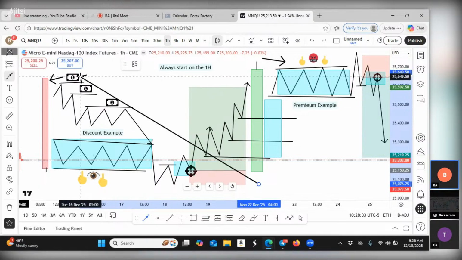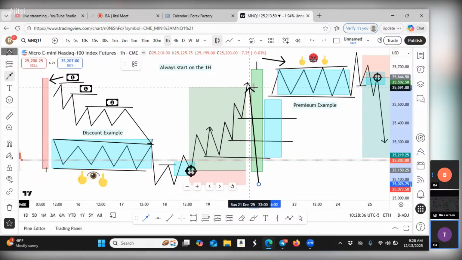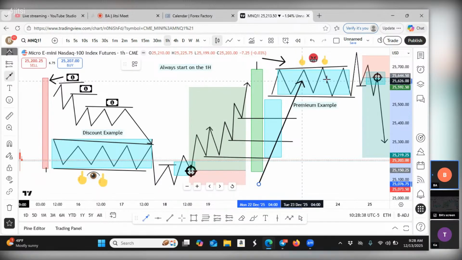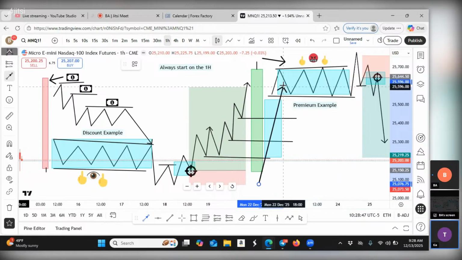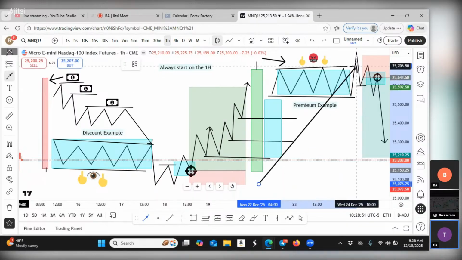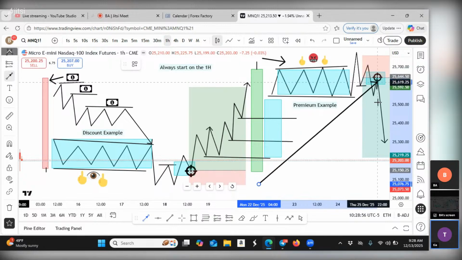See these dollar signs? They're taking out all the previous highs, and when price gets to a premium, now they're going to wipe out all the previous lows.